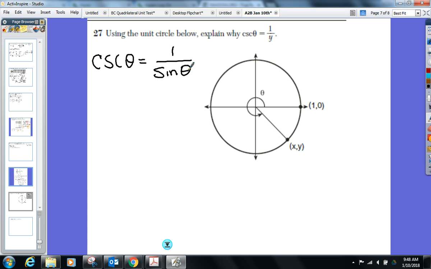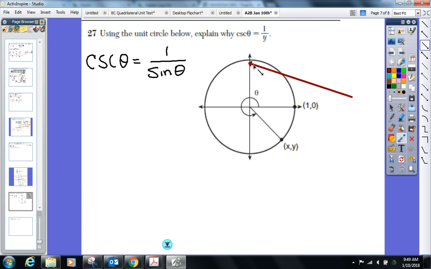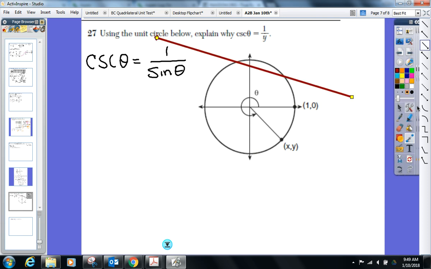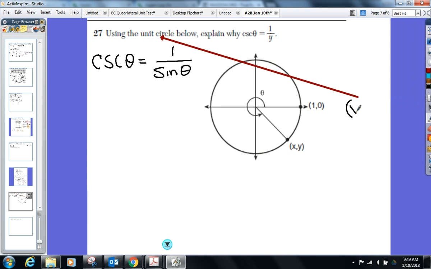Okay. All right, everyone all right on the first part? Cosecant's 1 over sine. What type of circle are we using? All right, that's the other key to this problem, is the unit circle. It has been months, but do you remember any point on the unit circle, x, y? Do you remember what the x represented?